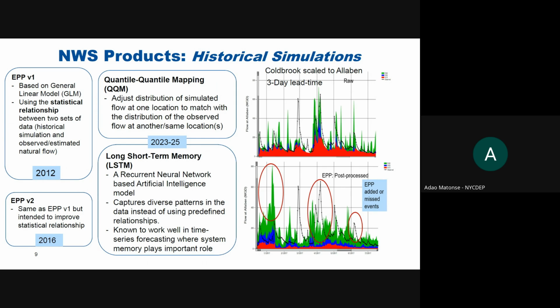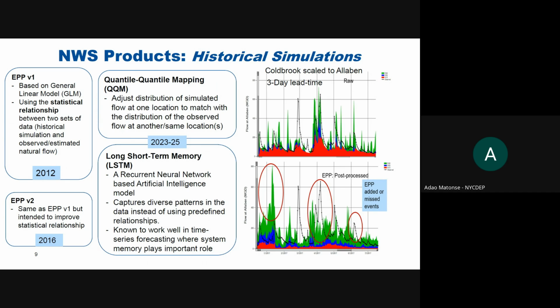This was a big concern for us, and it was also a motivation for us to start further developing our ensemble post-processors. The first of them was APP-V2. We worked together with John Schaake to develop APP-V2.